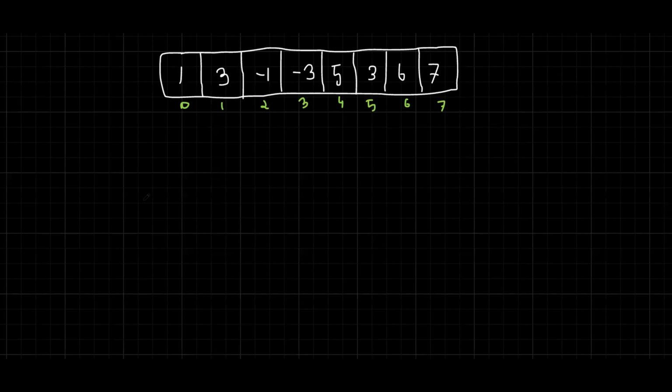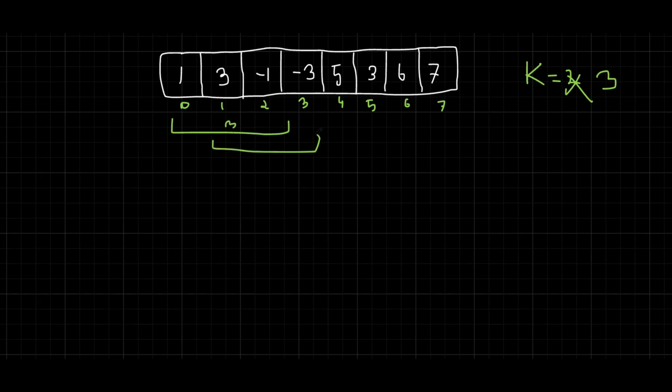In this problem, to understand the algorithm, we have taken this example. Now the problem is, we have to find the maximum element for each of the windows. Here, the value of k is 3, so the window size is 3. For the first window, the maximum element is 3.